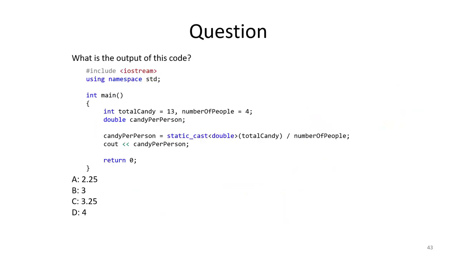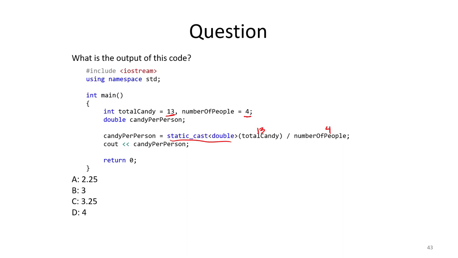Let's look at a quick example. What would be the output of the code shown here? So here we have 13 for total candy and 4 for number of people. So in this case, we have 13 here and 4 here.